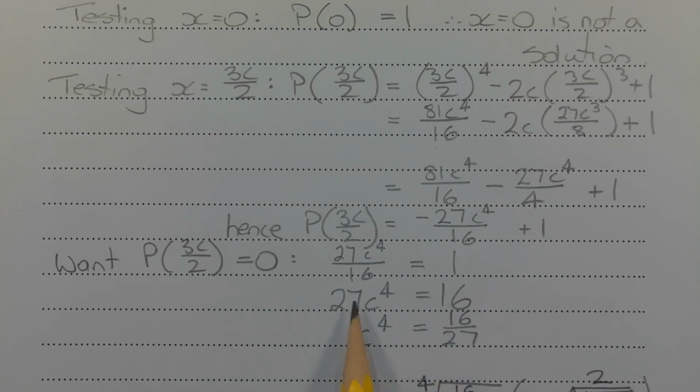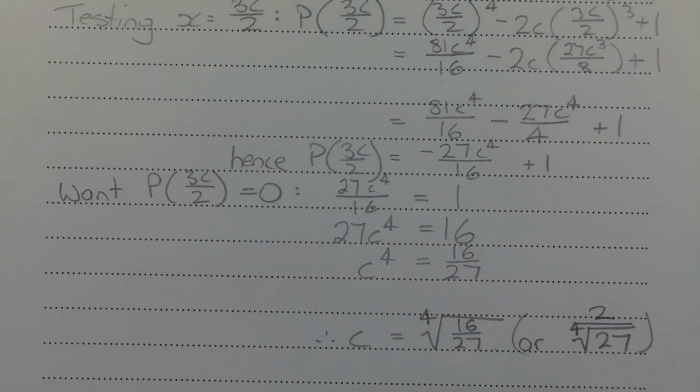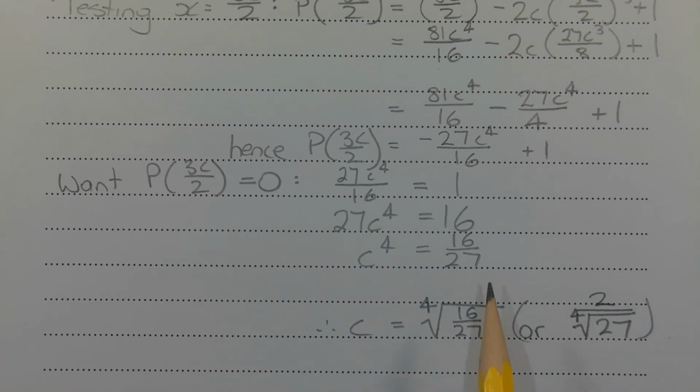Dividing both sides by 27, we get c to the power of 4 is equal to 16 over 27. And then taking the fourth root of both sides of the equation, we get c is equal to the fourth root of 16 over 27, or 2 over the fourth root of 27.